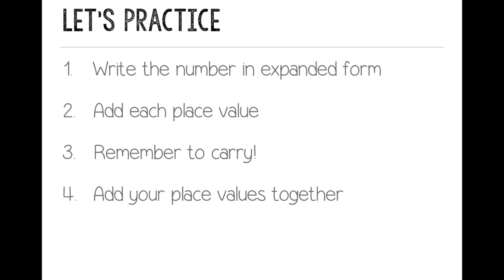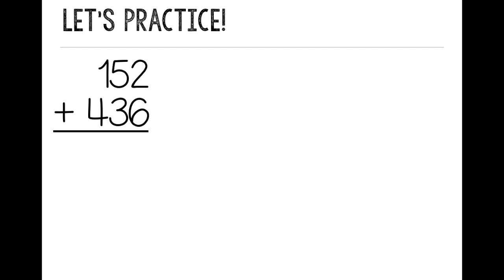So to help us use expanded form to add numbers, we want to write the number in expanded form, then add each place value, remembering to carry, and then add the place values together. So let's see what that looks like. If I'm trying to add 152 plus 436, my first step is to write the number in expanded form.